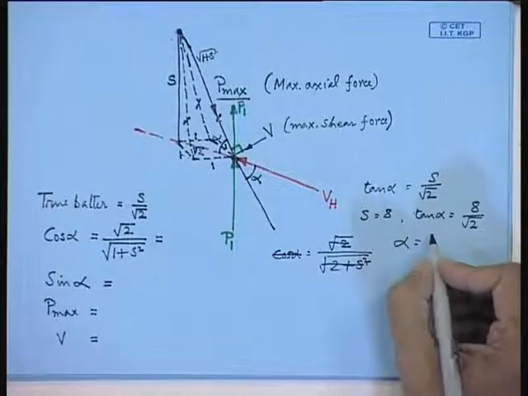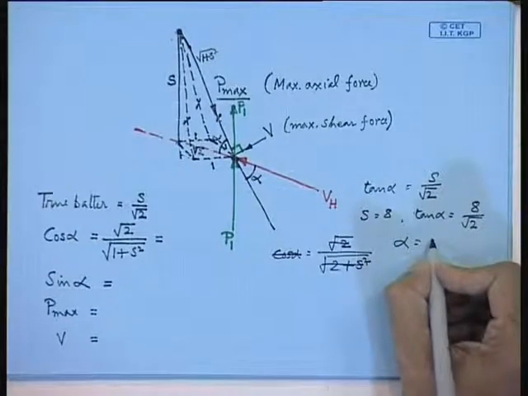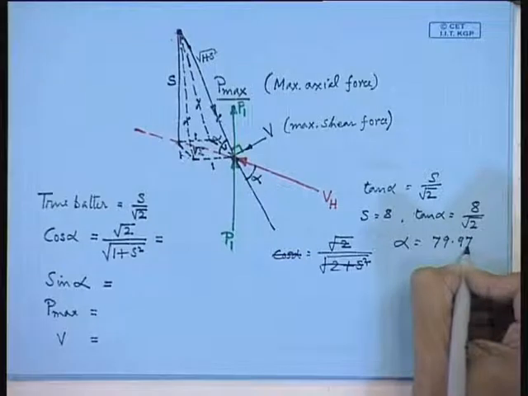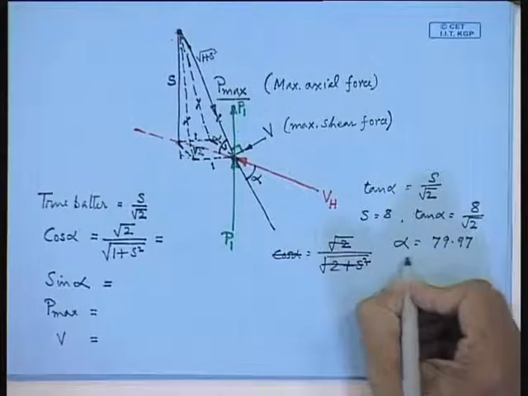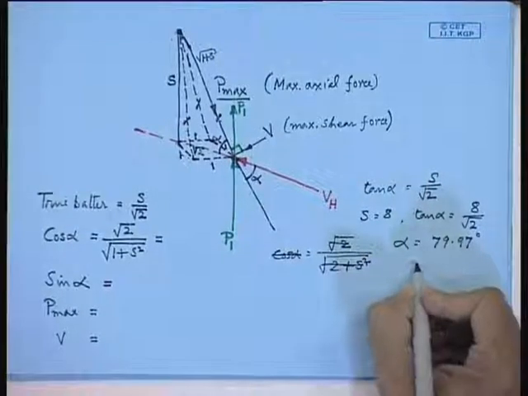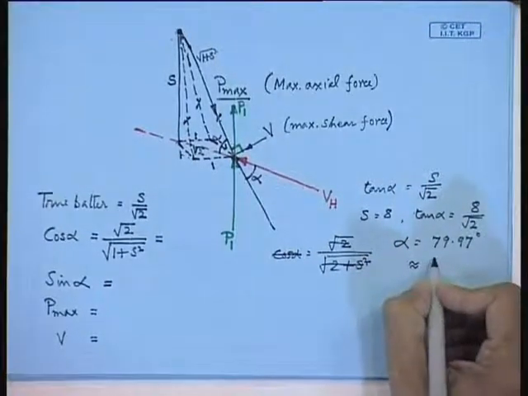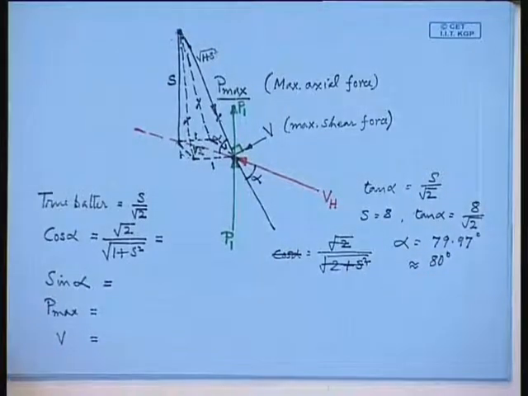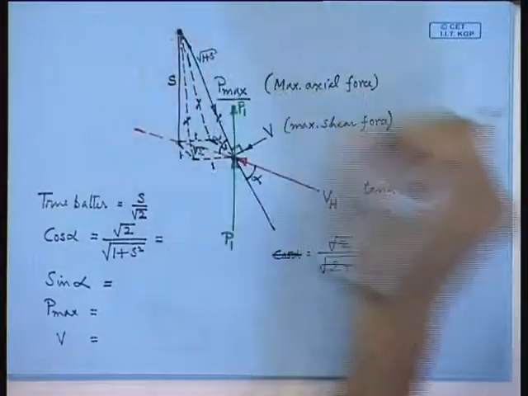79.97. So how much is that? This is in degrees, no? So approximately you are getting this as 80 degrees. I think this 80 degrees is more or less right.